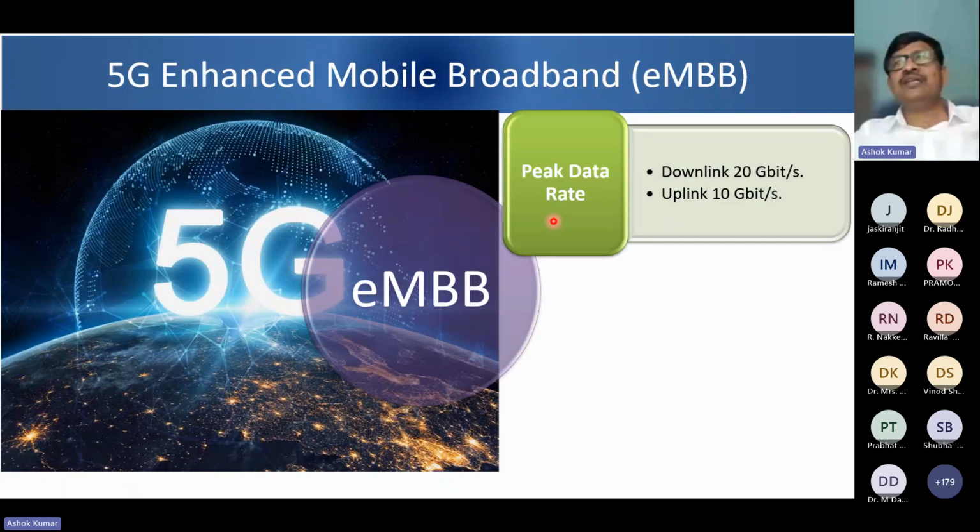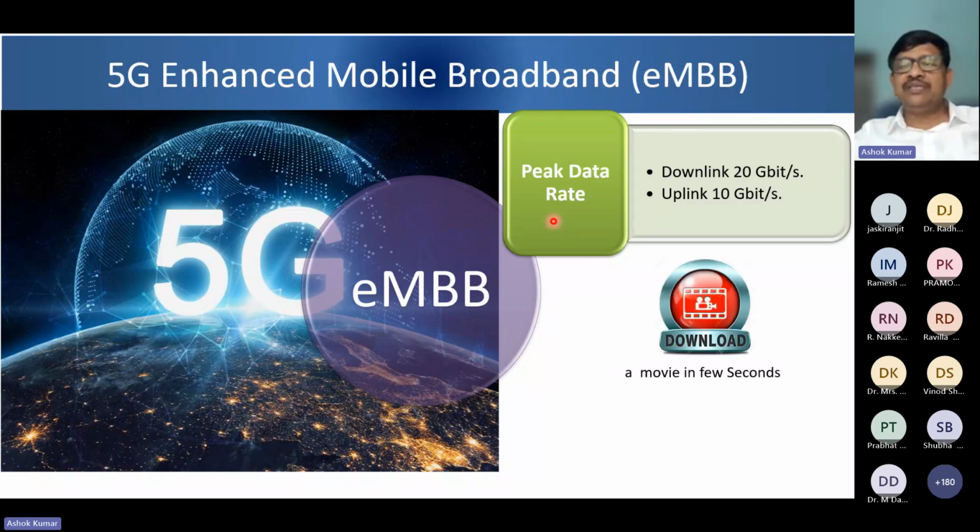So today the networks have tested up to 9 Gbps perhaps, but going forward they will be able to achieve 20 Gbps also. And for 4G this was about 1 Gbps, right? So the peak data rate for 4G was 1 Gbps. That means 5G is 20 times faster compared to 4G in respect of peak data rate.